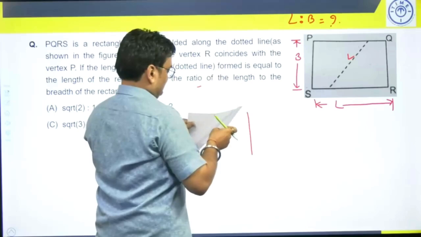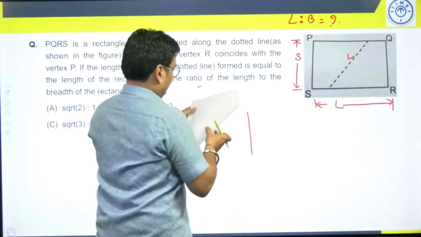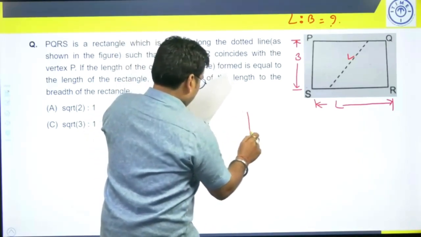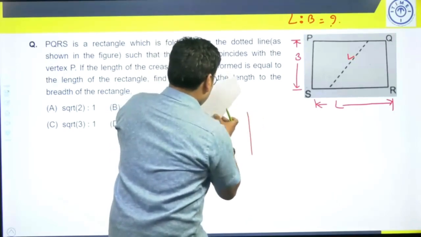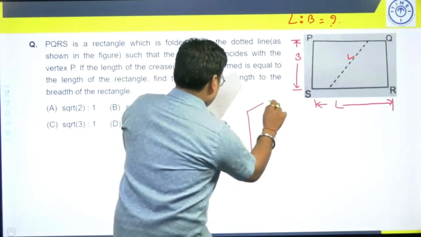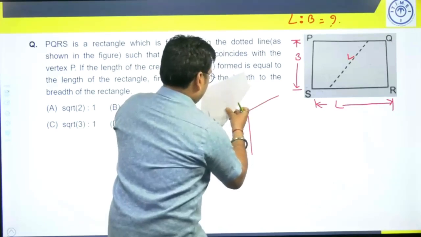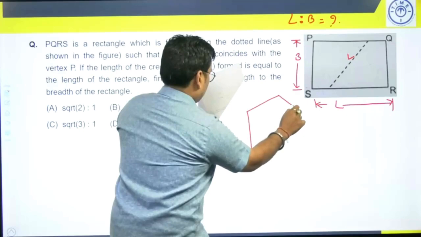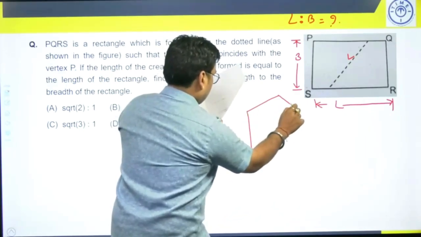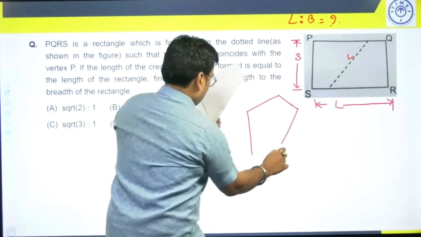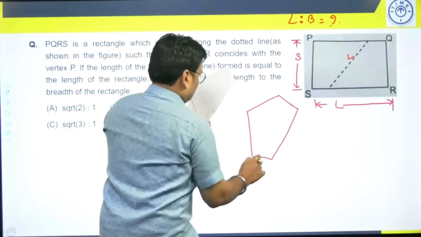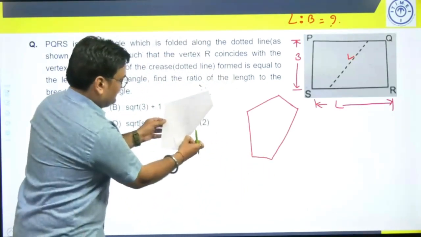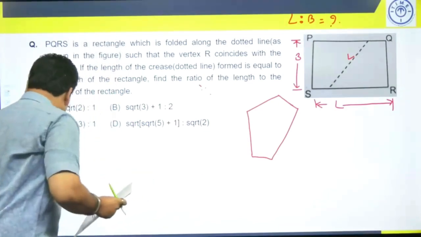So this was a rectangle and this is how it is. This is how it would look. Now let me try to draw some more dimensions to it.